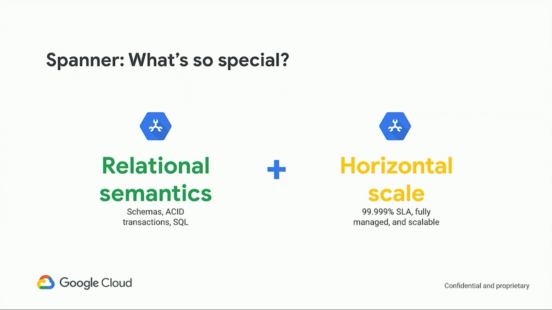So we have schemas, we have ACID transactions, we have SQL, and we have the ease of scalability and the high availability, such as 4 nines of availability for our regional configurations, 5 nines of availability for our multi-region configurations. And all of this is packaged up in a fully managed database service that runs on Google's cloud infrastructure.